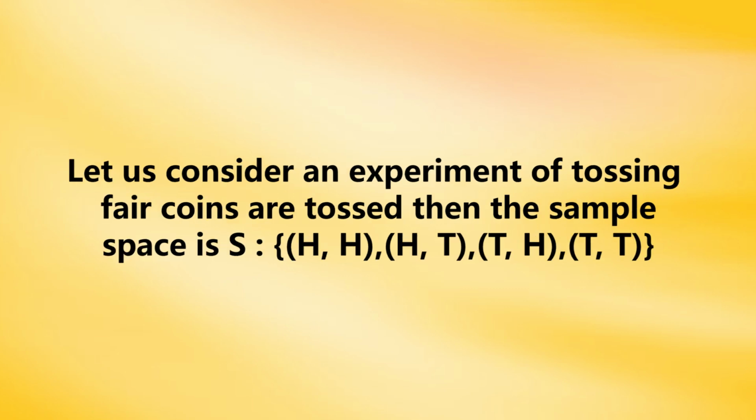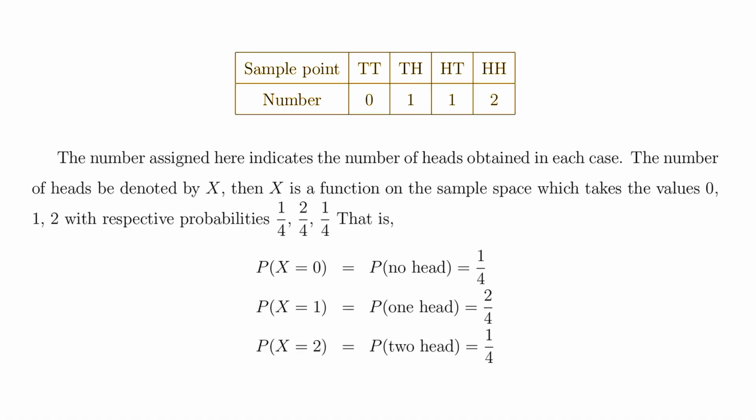experiment. Let us consider an experiment of tossing two fair coins. Then the sample space is HH, HT, TH, TT. We shall assign a number for the sample point TT as 0, HT as 1, TH as 1 and HH as 2.